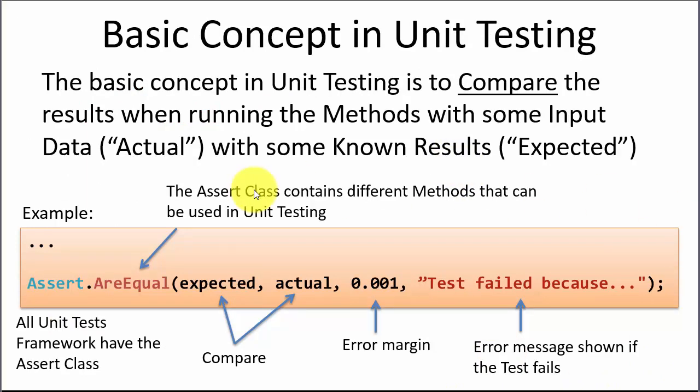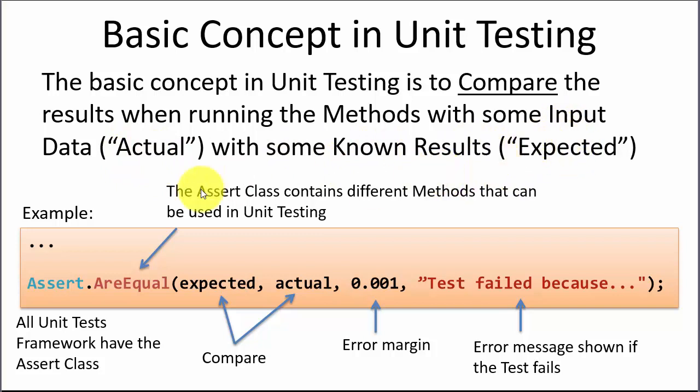So the basic concept in unit testing is to compare the results when running the methods with some input data, which we call the actual value, with some known results, which we could call expected.